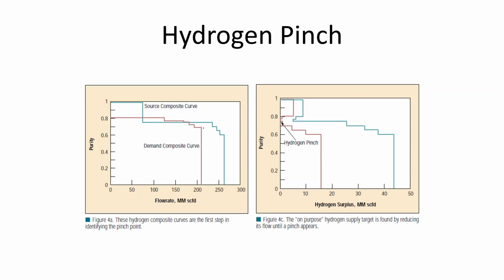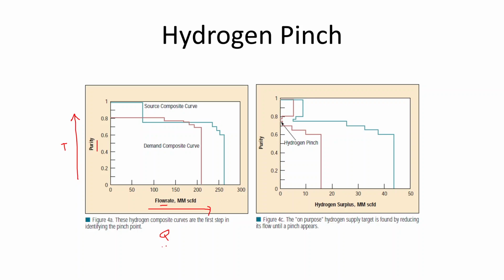So in heat integration, it's about quantity and then quality. The same way here in hydrogen pinch, we have the quantity, which is the flow rate, and we have the quality, which is the purity. In heat integration, I repeat, we have the Q, the energy, and we have the temperature.